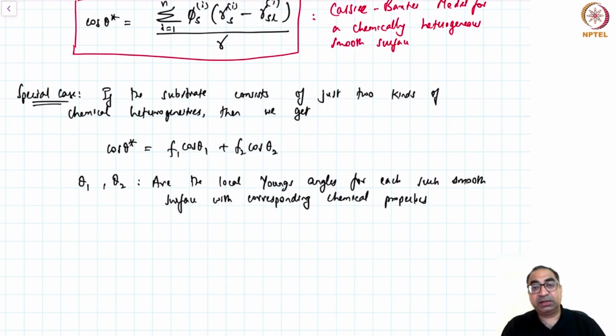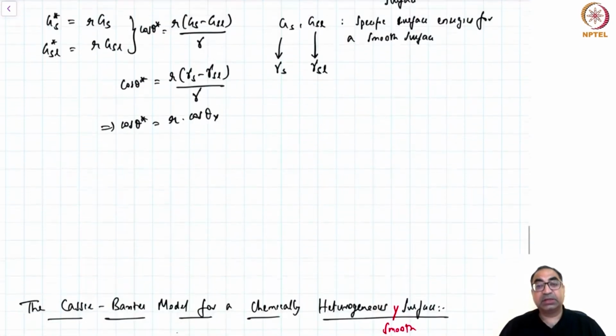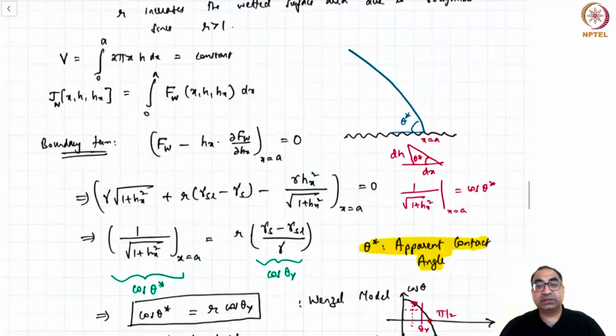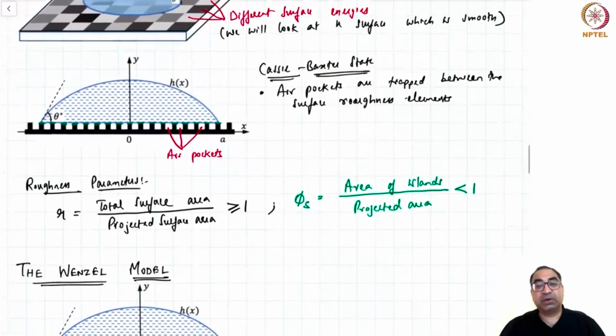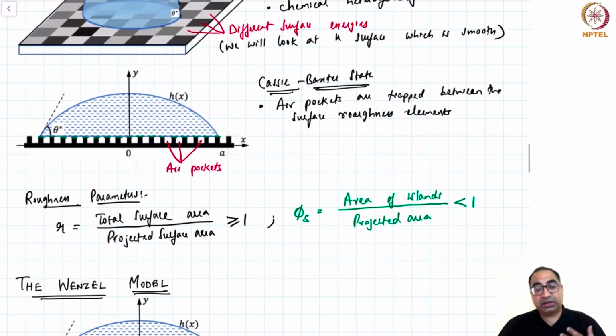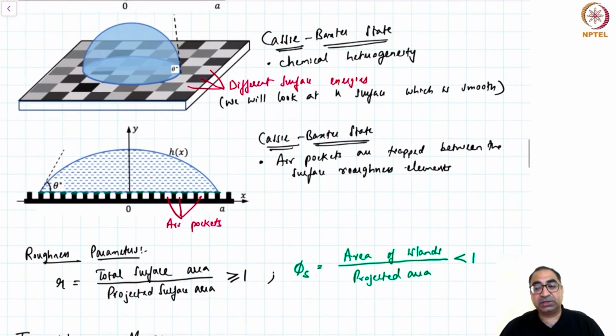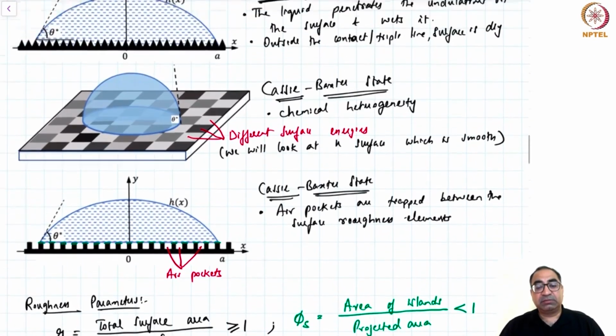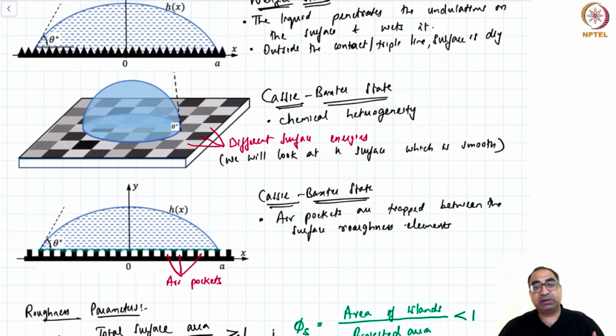Keeping the time in mind, I will look at the other case, which is the Cassie-Baxter case where we have tiny air pockets, in the next lecture. Another thing that we may be interested in knowing is, are there simple criteria to find out whether the droplet can go from one case to another case? This can happen for a variety of reasons.